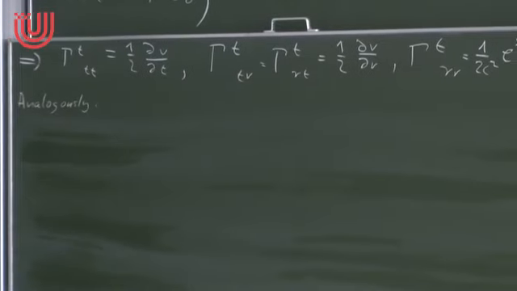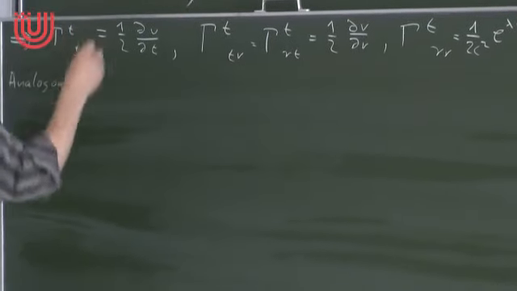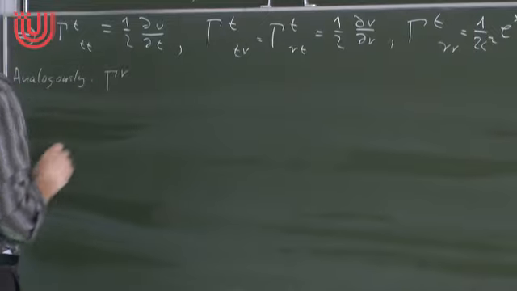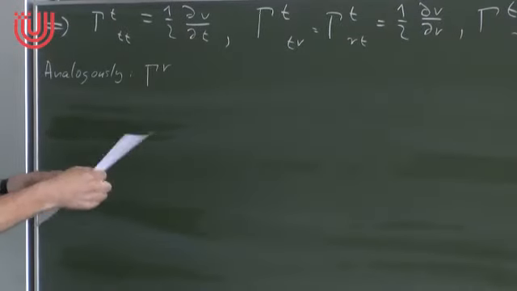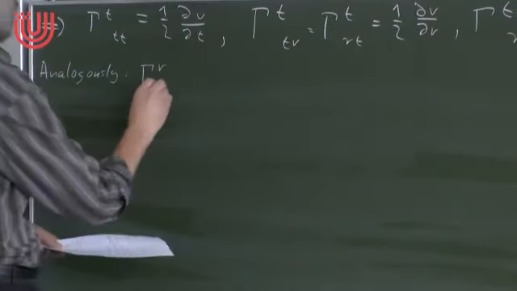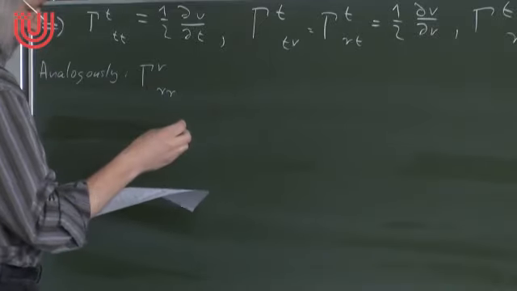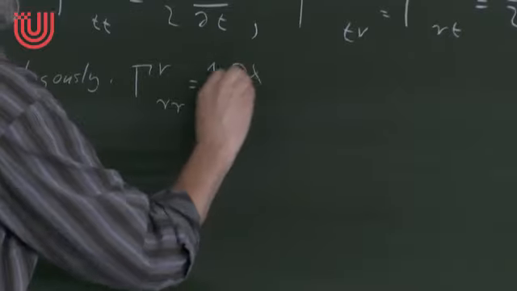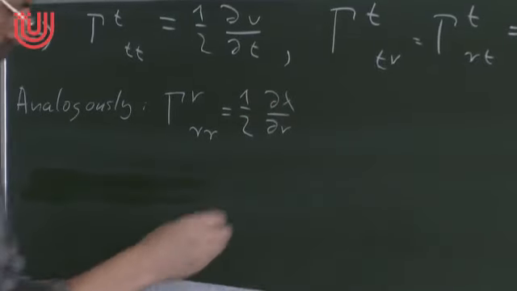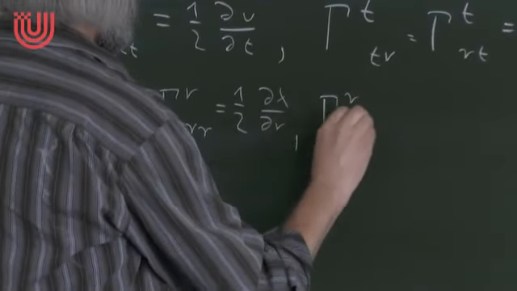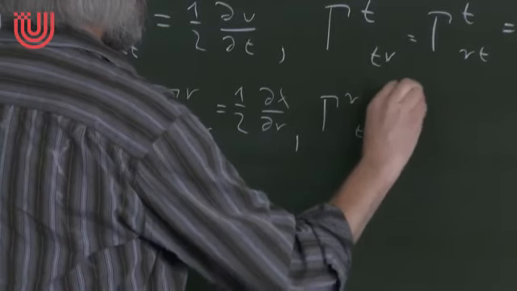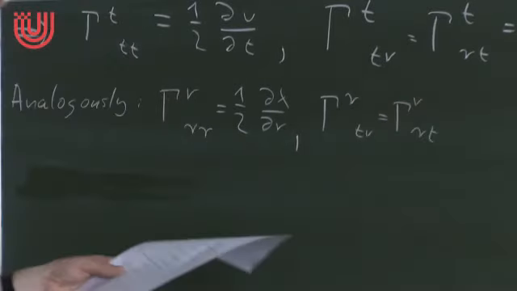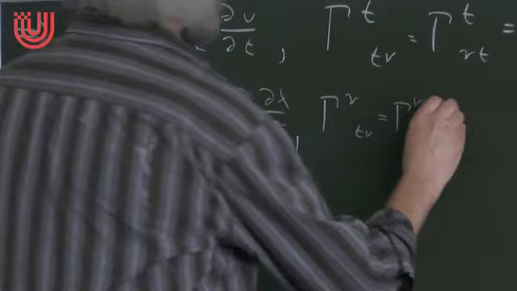So I get the Γs with an upper index r by calculating the r component of the Euler-Lagrange equation. So here I have Γ^r_{rr} is 1/2 dλ/dr. Then I get Γ^r_{tr}, which is the same as Γ^r_{rt}. This is 1/2 dλ/dt.